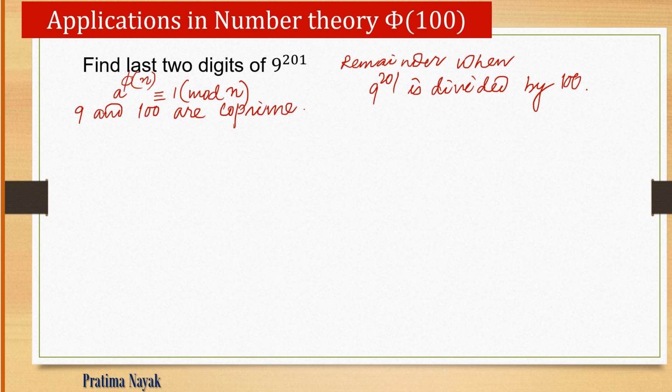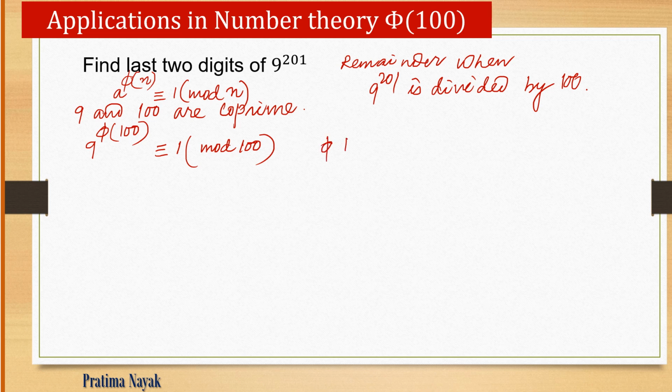So I can write 9 power phi of 100 is congruent to 1 modulo 100. That means when 9 power phi of 100 is divided by 100, we get the remainder 1. Now let us find what phi of 100 is. We have already calculated it.